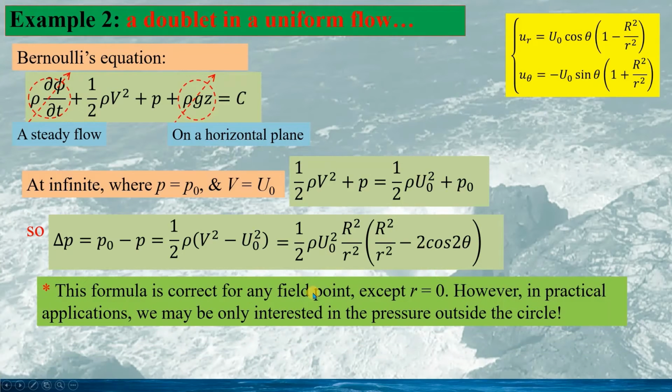This formula is correct for any field point except r equal to 0. However, for practical problems, we might be only interested in the pressure outside the circle. We might not be very interested in the pressure and the flow inside the circle.